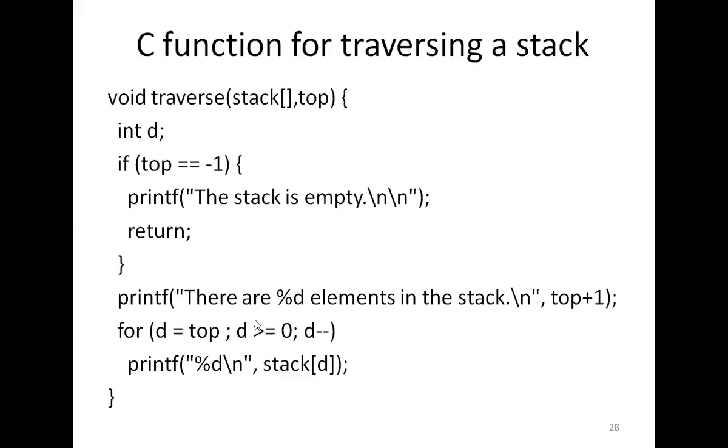Students? Hello? Okay. So we should start from here: for d equals top, d greater than or equal to 0, d minus minus. Then printf %d, stack[d]. You have to print this. Any question?